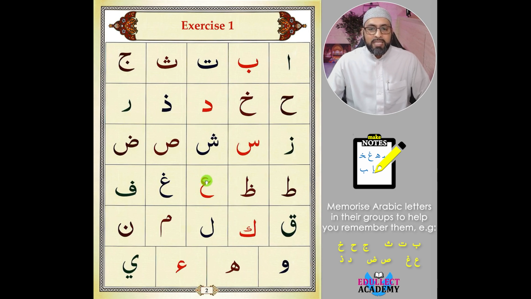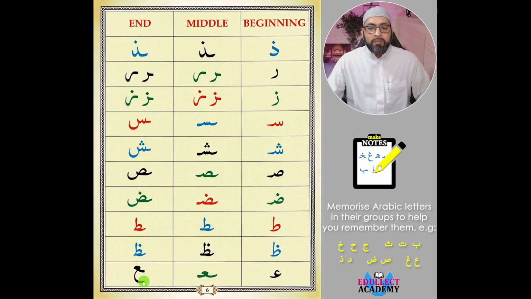So the part that's different is literally over here, and then you've got the curly part appearing at the end. So if I go back now, you've got the curly part, and there's no open circle here. It's a full loop. So you've got that loop, and then you've got the curl coming down. That's how you identify an ayn.